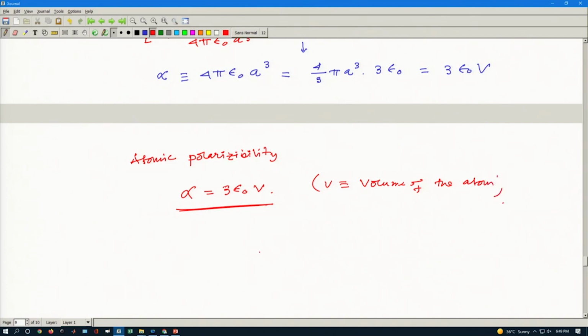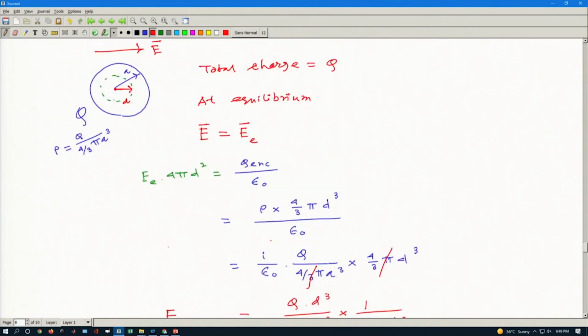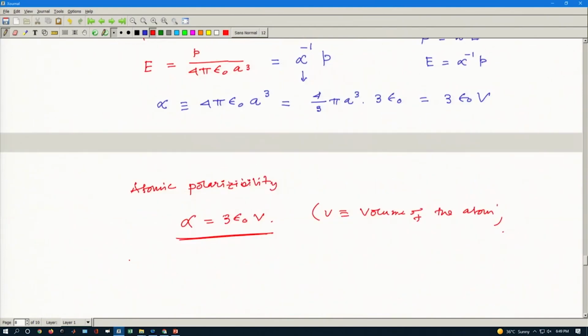So, this is the way one can calculate the atomic polarizability. We just use the standard tool, Gauss's law, and then we can find the value of the atomic polarizability.